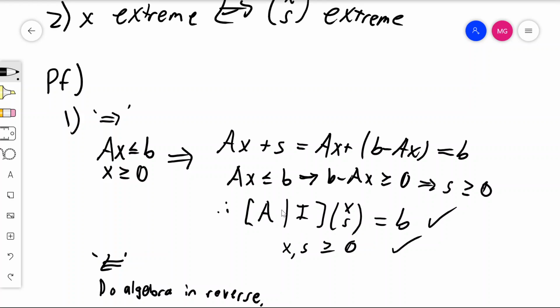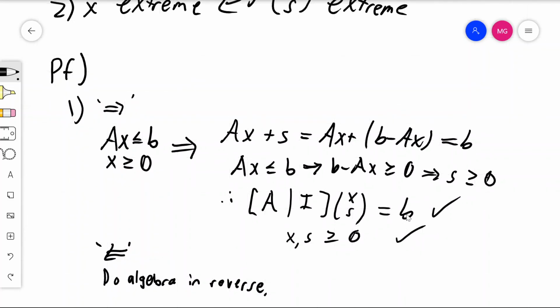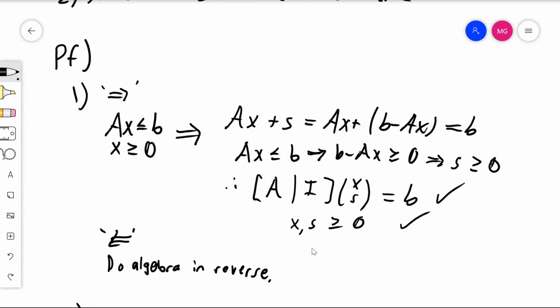We have matrix equality constraints for the variables, the x's and the s's, that equal b, and the variables x and s are non-negative. So matrix equality constraints are satisfied, variable non-negativity constraints are satisfied, therefore (x, s) is feasible for the SEF version.